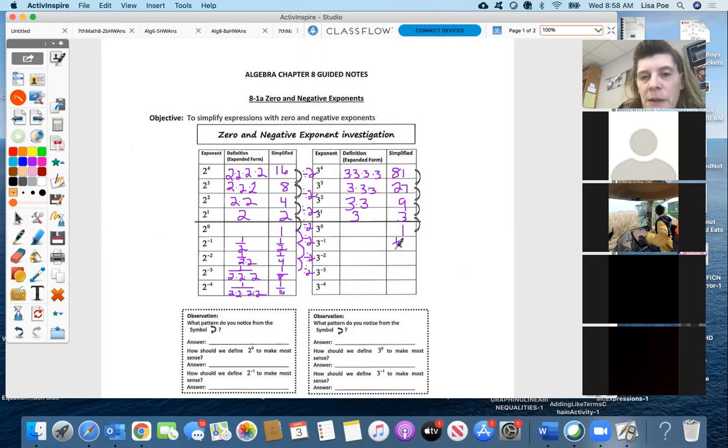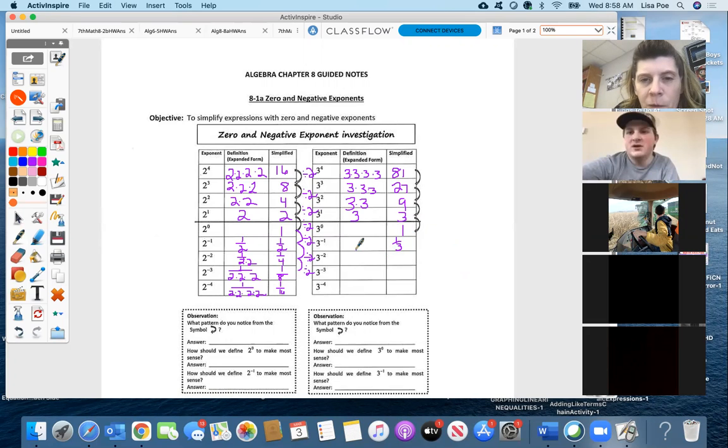Sean, do you know what 3 to the negative second is? No, I'm still trying to figure that one out. All right, so it's like this. This is what it would look like if you expanded it out. So what would that look like if you simplified it? 1/9, exactly.